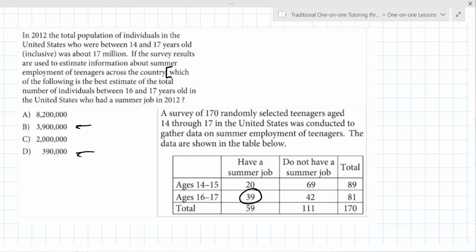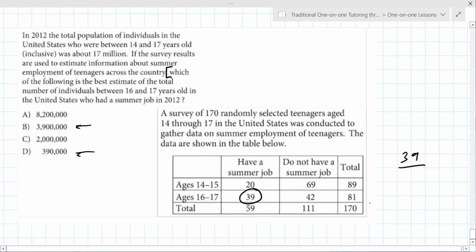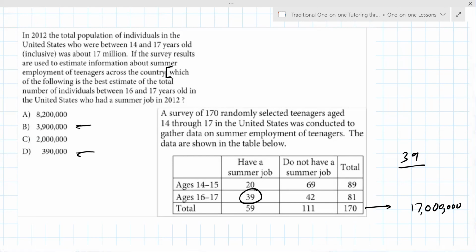So they surveyed 170 people. So it's 39 out of 170, but they said it's about 17 million. So you're multiplying 170 to get to 17 million. And so it's not a million, it's 100,000, but that does get you to the 390,000.